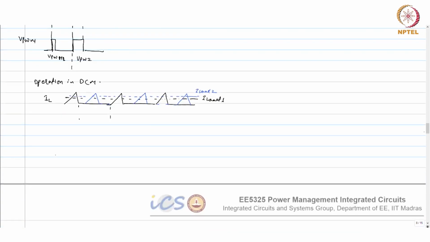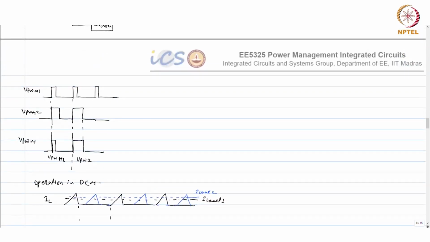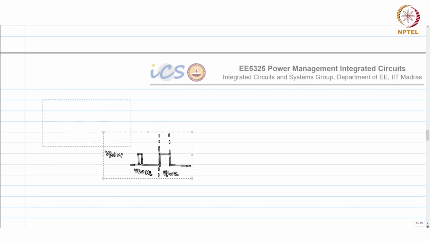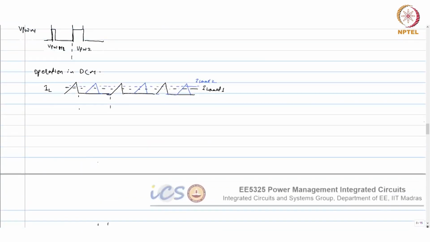So if I know I want PWM like this, then we have S1 and S2 switches.